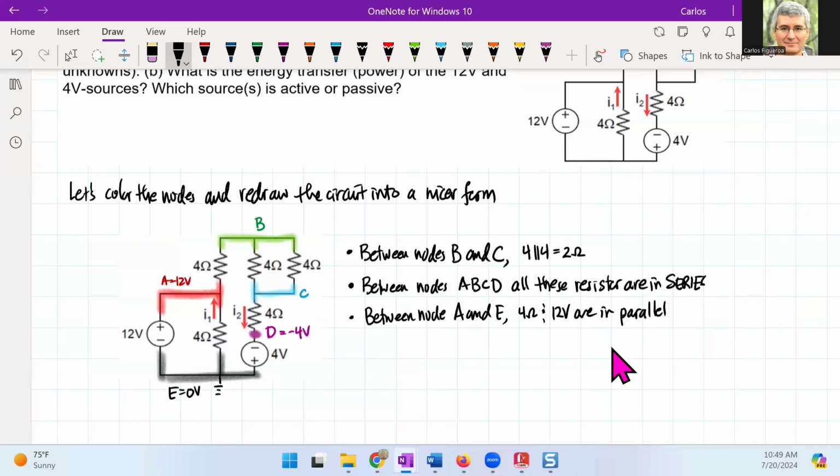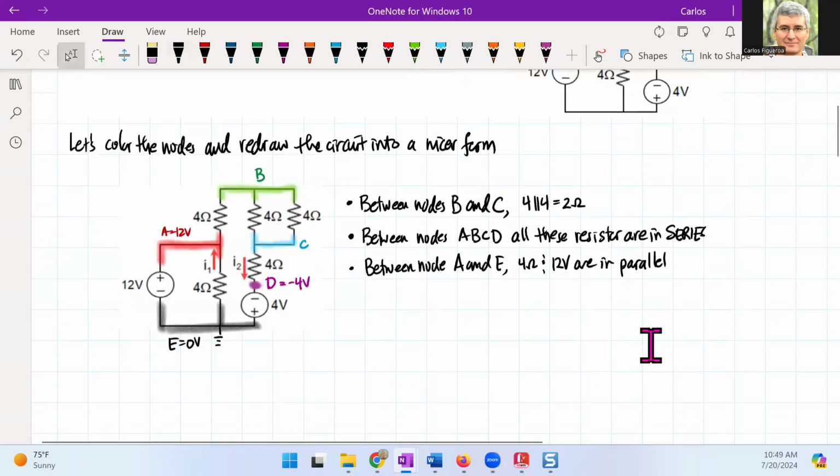So I could actually change the orientation of them, and I could switch the 12 volt and the 4 ohm because they're in parallel, so it doesn't matter.